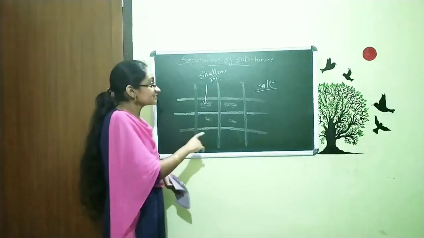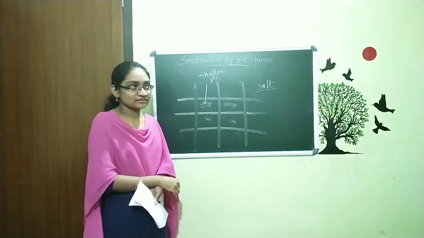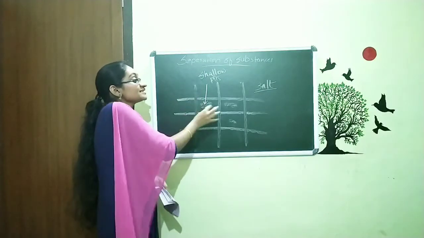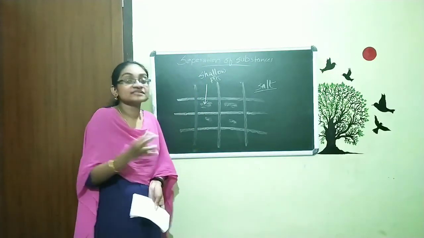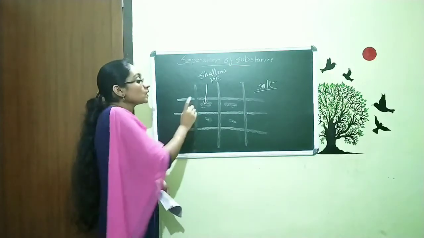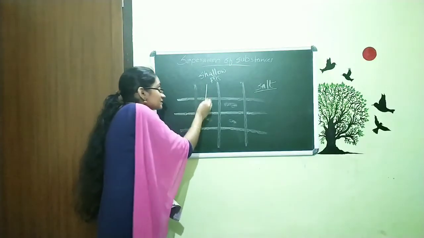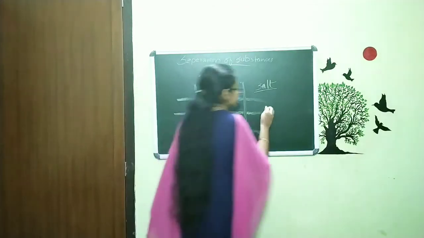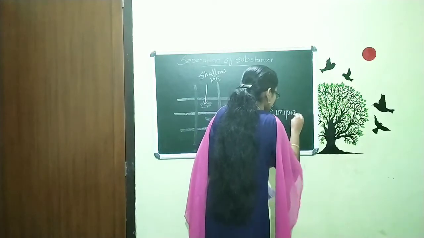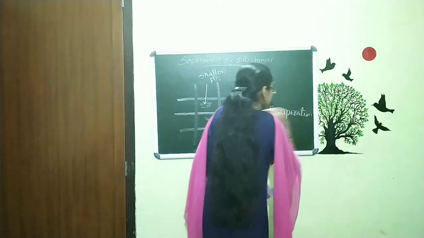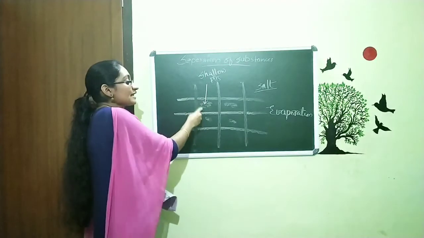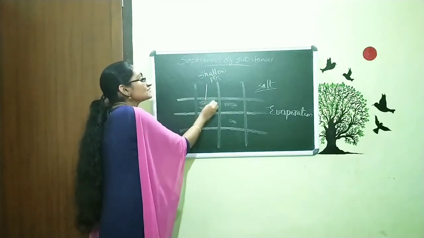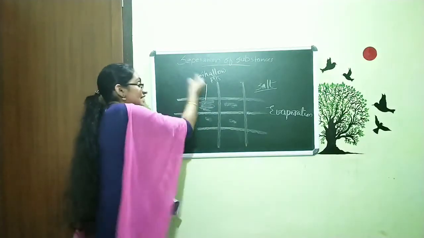So the aim is we want to separate this salt, that means the different types of salts present in the seawater, and we are putting this under sunlight, and that sunlight is what? Heat energy. So when the sunlight is falling on this seawater, evaporation happens. So the evaporation happens and the water will go outside and the solid salt will be left in these shallow pits.